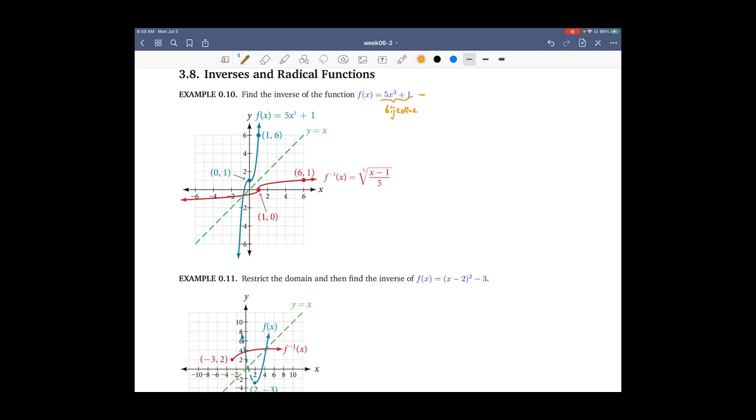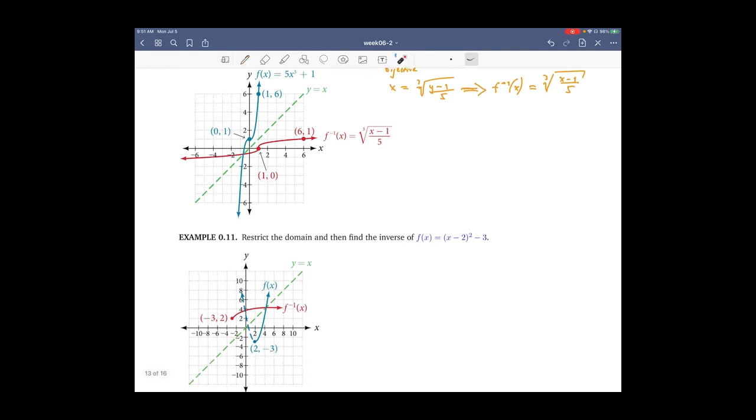And when we equate this to y and solve this for x, you can easily see that x here will be cubic root of y minus 1 over 5. And therefore, interchanging x and y, we see that the inverse function is cubic root of x minus 1 over 5. And you can see the graph of that function on the left in red.